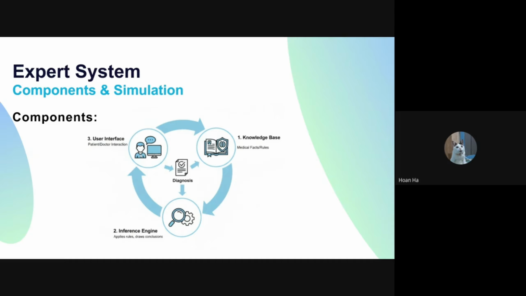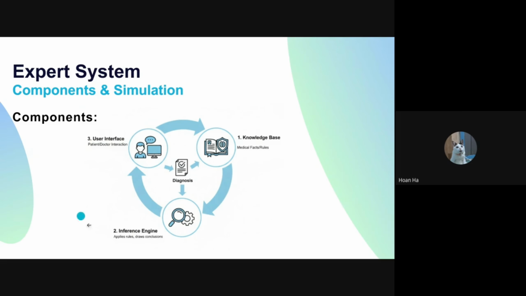It consists of three main components. First, the knowledge base. This stores the domain expertise, essentially the medical facts and rules. For example, if symptom A and symptom B are present, then disease C is likely.